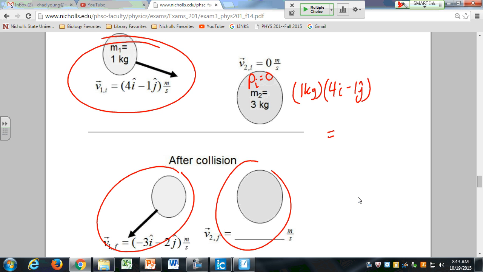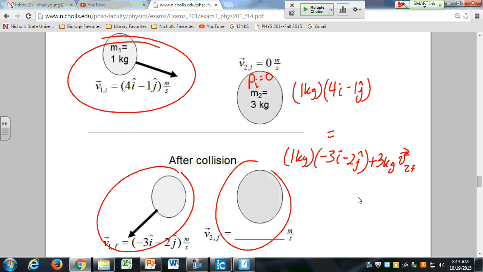They both start moving after the collision. So it's going to be 1 kilogram times negative 3i minus 2j plus 3 kilograms times V2F. And I'm looking for V2F.